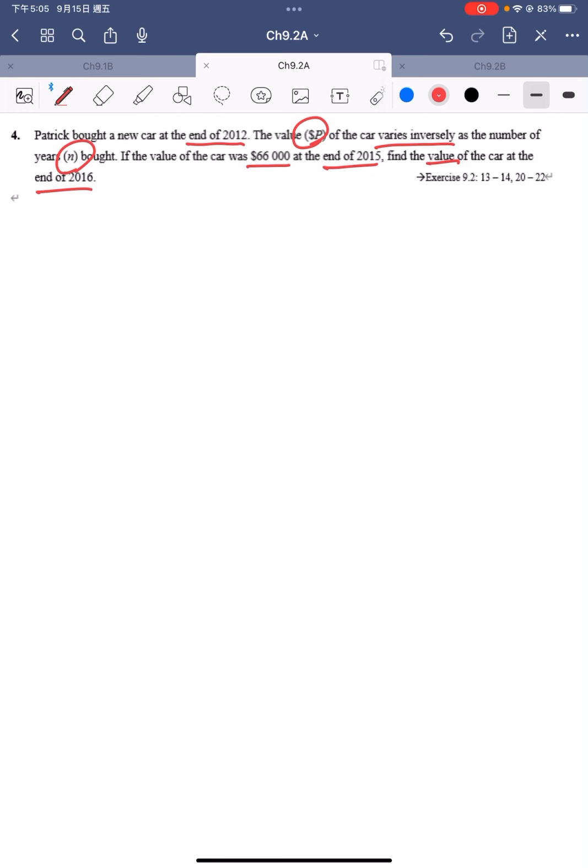First of all, we need to be clear about the meaning of n, the number of years since he bought it. We have this timeline, starting at the end of 2012. How many years have passed by the end of 2015? Going to 13 is the first year passed, going to 14 is another year, and going to 15 is one more year.